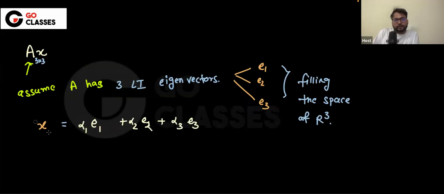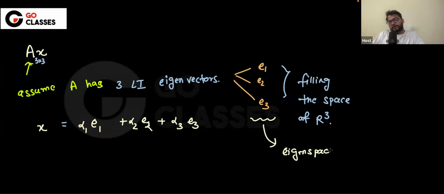Because I'm assuming that A has three linearly independent eigenvectors, which means you have three linearly independent vectors in R3. It means that you can fill the space, right? So basically, this is also called the eigenspace.